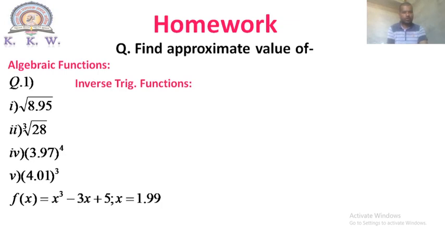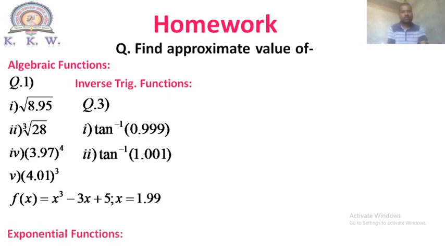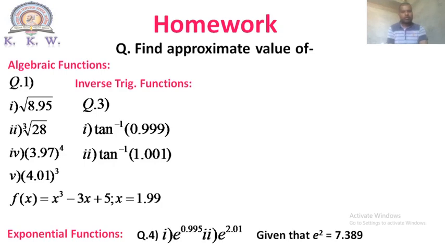F of x is equal to x cube minus 3x plus 5 at x is equal to 0.99, tan inverse 0.99, tan inverse 1.001, e raised to 0.995, e raised to 0.01. For that, given e square is equal to 7.389.